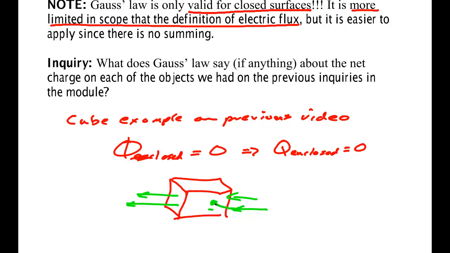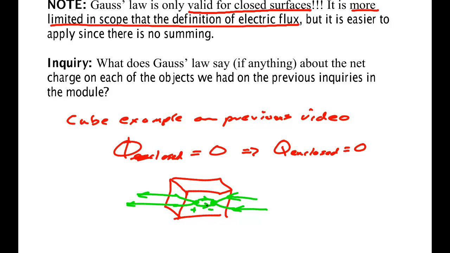These guys might have all come into this negative charge, and there might have been a positive charge over here, and there might have been some lines going like that as well. But the net effect is, we don't know what went in here as far as those lines. We never saw those lines. But every line that came in left, that meant the net charge, the pluses and minuses in here, canceled out.